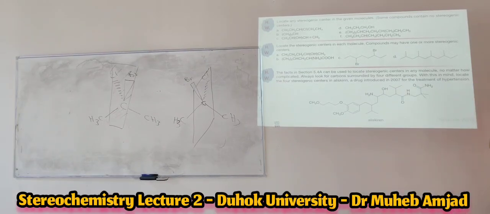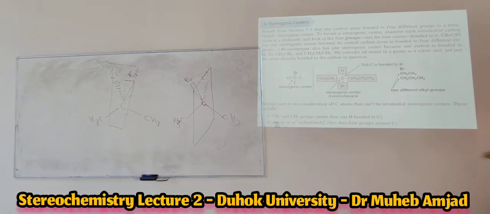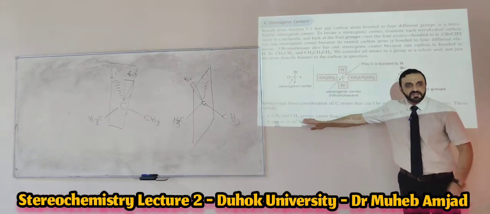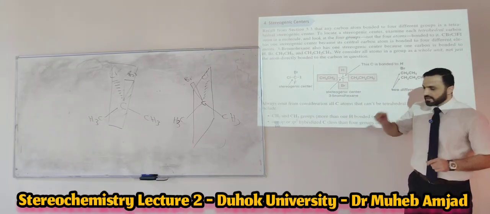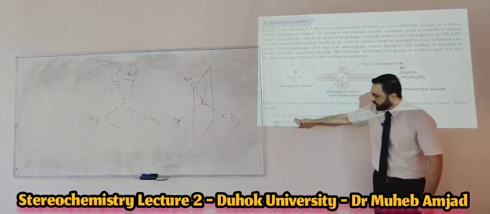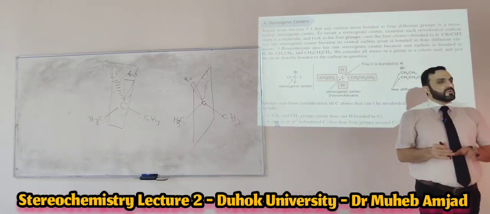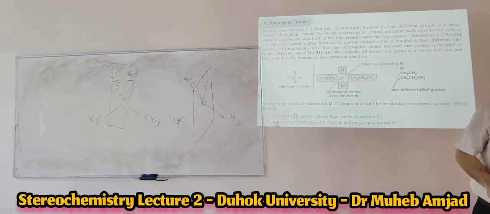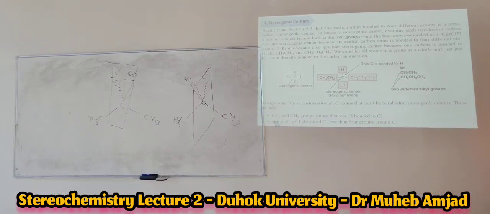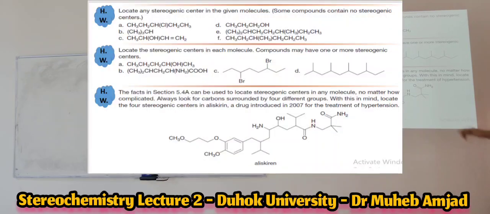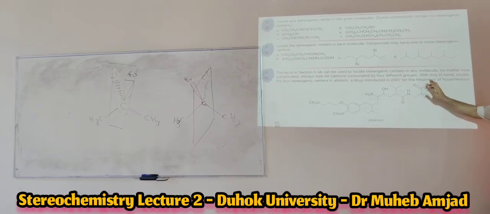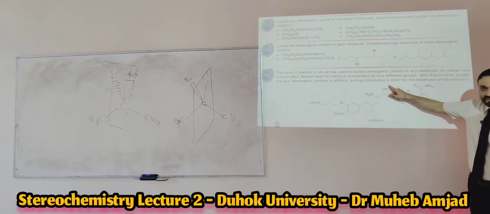Directly, CH2 and CH3 are not stereogenic centers. Every such carbon has 2 or 3 hydrogens. If I come to this example, this CH3 is not a stereogenic center, CH2 is not, CH3 is not.